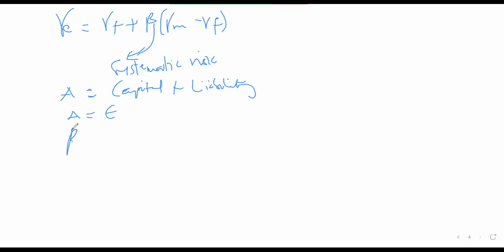So we can say the asset beta, which I'll denote by beta A, is equal to equity beta, beta E. Beta A here is called the asset beta, or the ungeared beta, or unlevered beta.